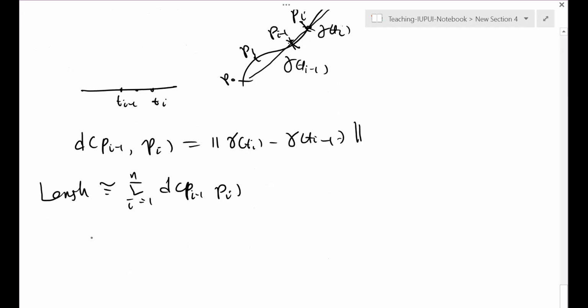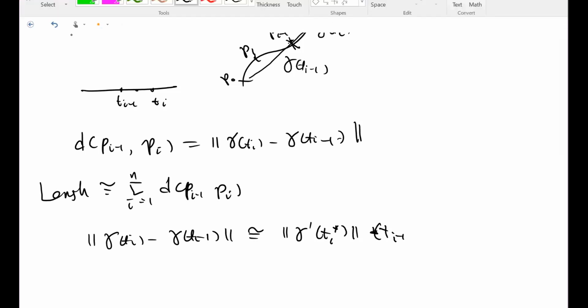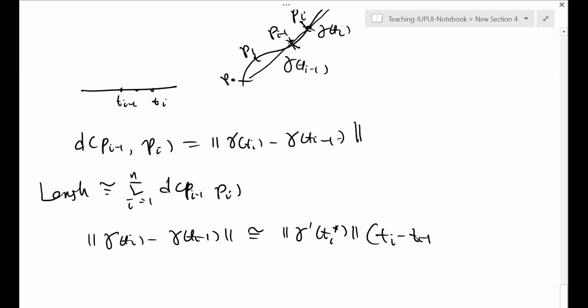Okay, I'm going to rewrite this by the mean value theorem. It's going to be the derivative at some t_i star times t_i minus t_{i-1}.